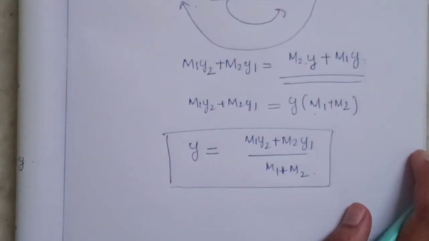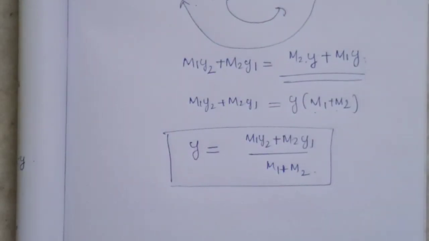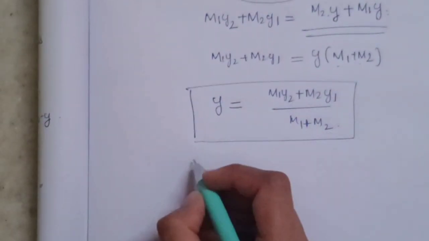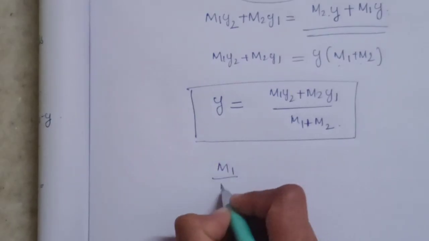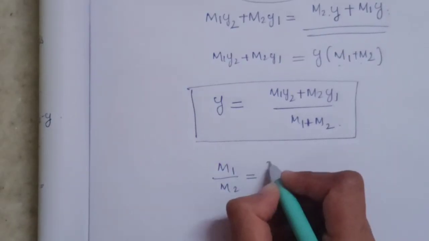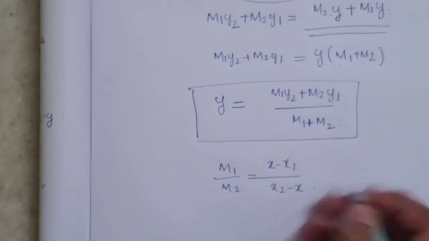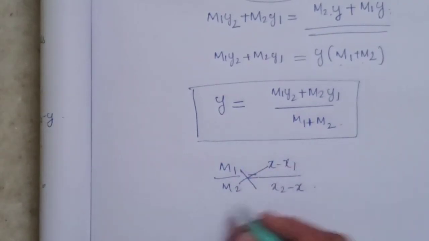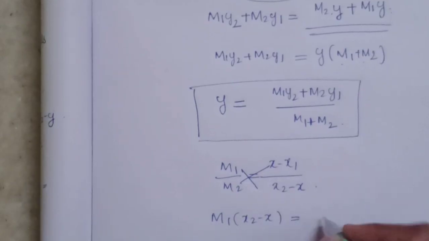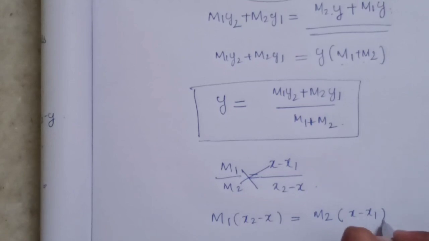Similarly, we'll solve for the x coordinate of the point P. So what did we get previously? m1 by m2 is equal to x minus x1 by x2 minus x. Same, cross multiply both. So m1 of x2 minus x is equal to m2 of x minus x1.